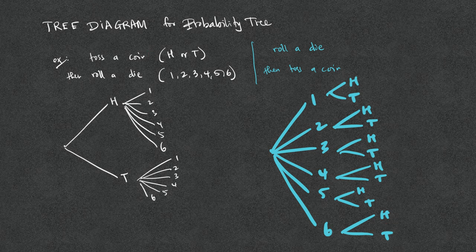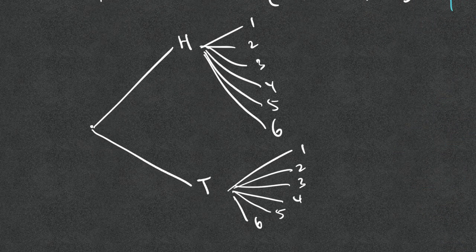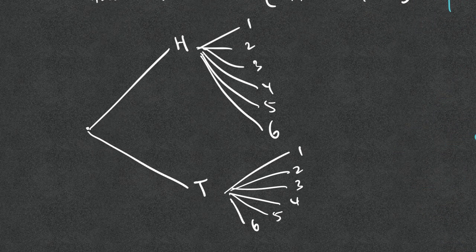If there are 3 stages, then we would need to draw branches coming out from each outcome from the second stage, and so on. In addition to labeling the events, we also label the corresponding probability.